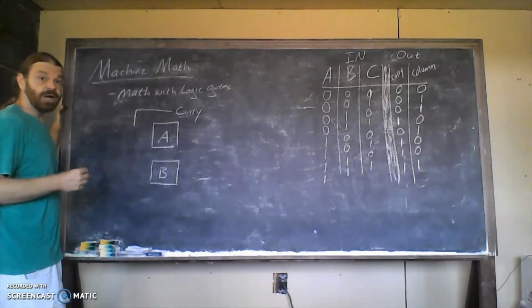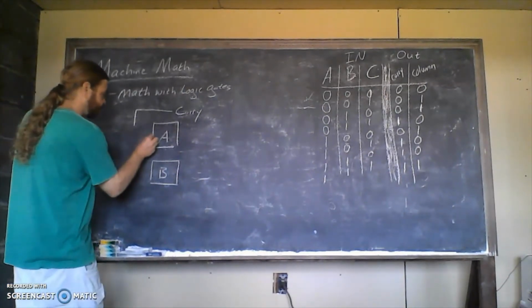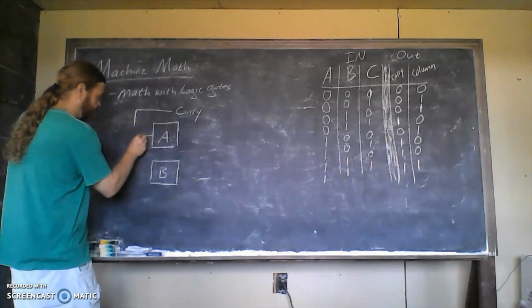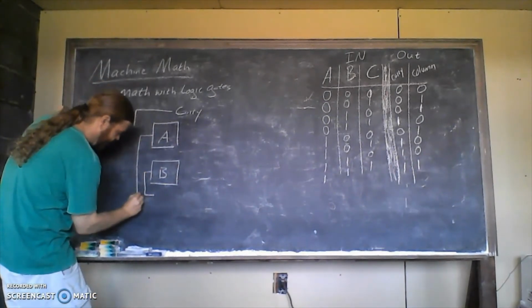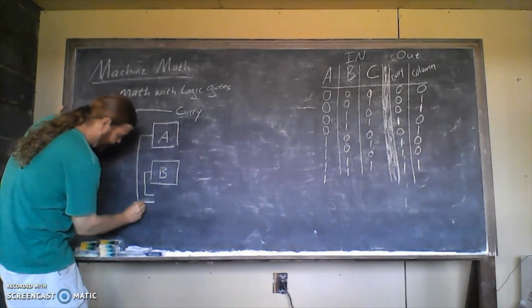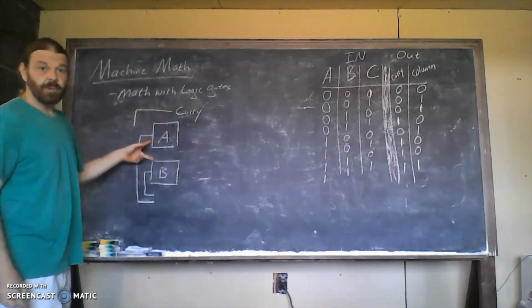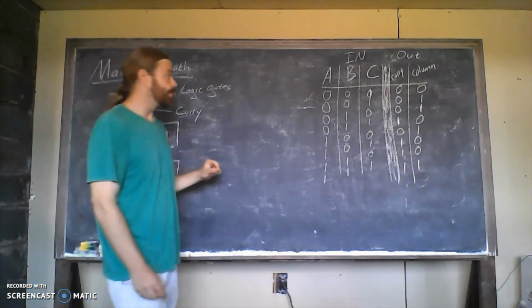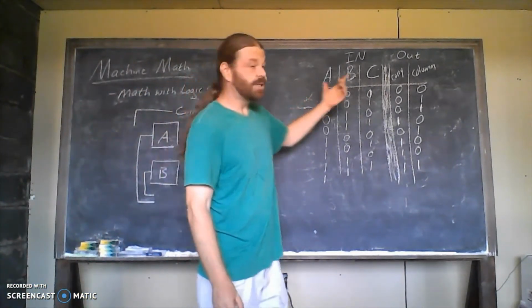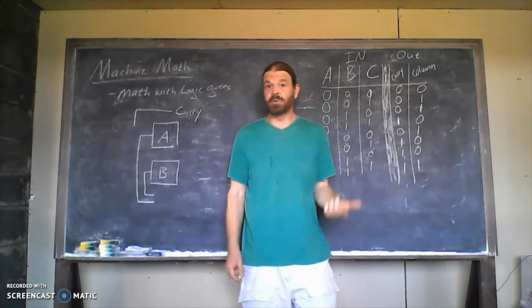So how do we combine them? I'm going to start with the numbers. So I'll bring over A and B, and we need a logic gate by which we combine our bit from A and our bit from B. So we need a 0, 0 to give us a 0.